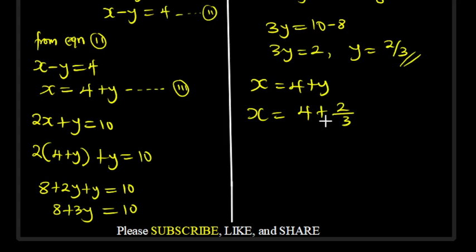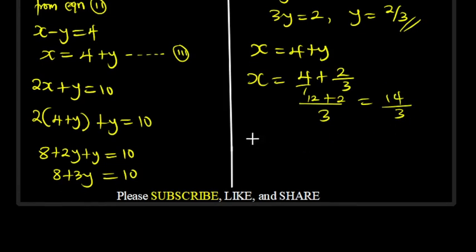Then the common denominator here is 3. 3 divided by 1 is 3, times 4 is 12, plus 3 divided by 3 is 1, times 2 is 2. 12 plus 2 is 14 over 3.